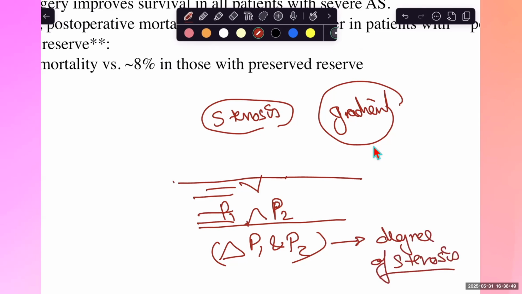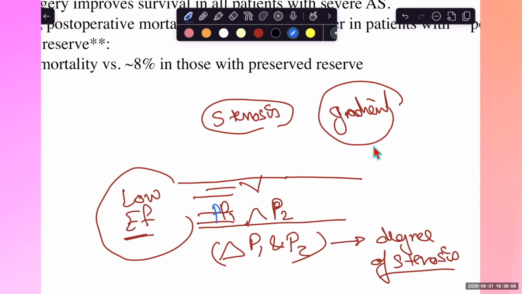The problem is if the patient already has a low ejection fraction, this means that his B1 will already be low. So the difference between B1 and B2 will not be high.